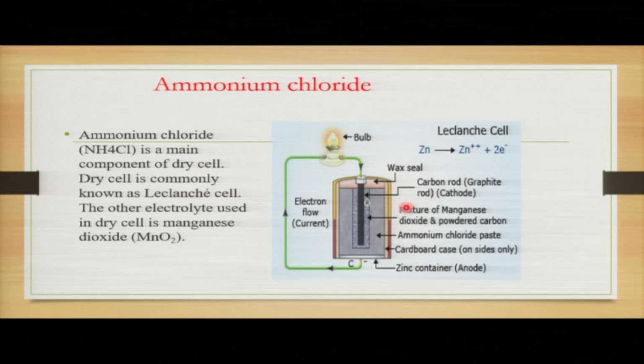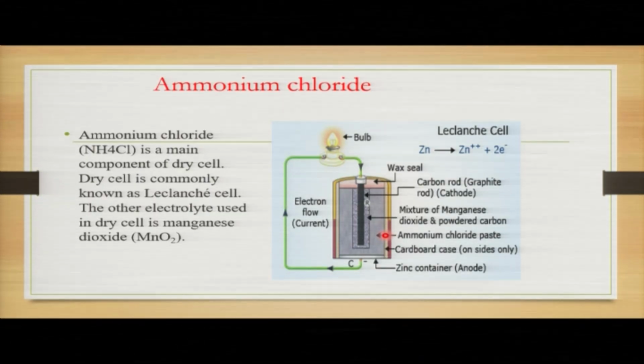So when you look at the cell, the components that are over there, this is the Leclanché cell or the dry cell. Inside here, you see a mixture of manganese dioxide and powdered carbon, and then you see ammonium chloride paste. Ammonium chloride is used as an electrolyte.